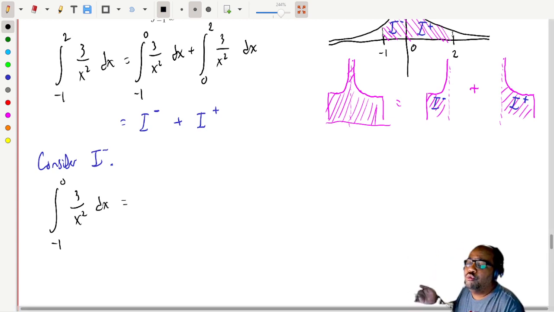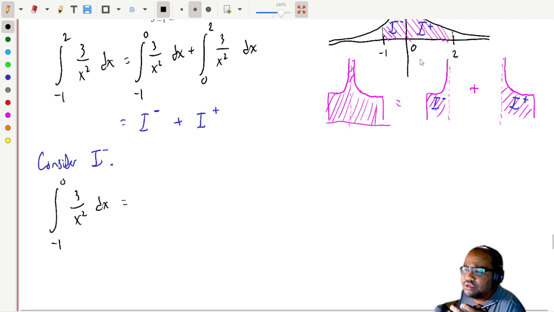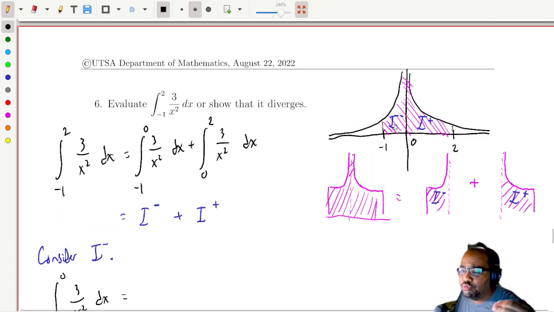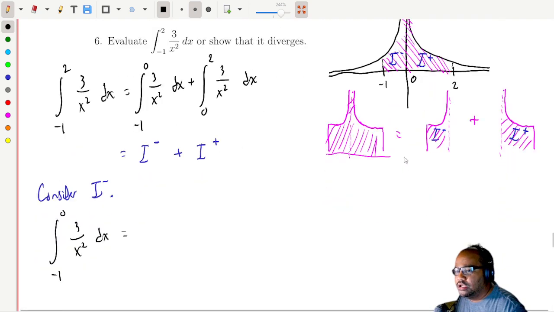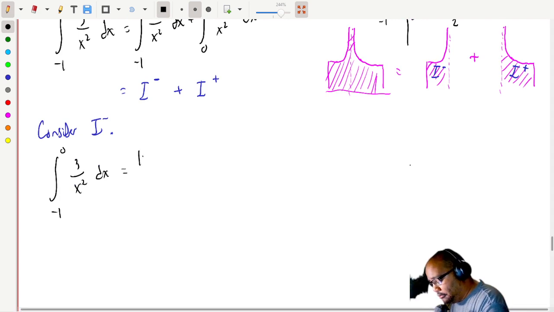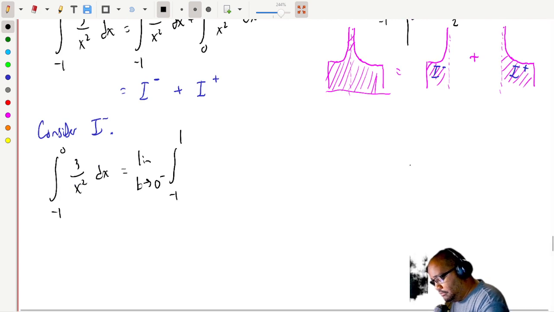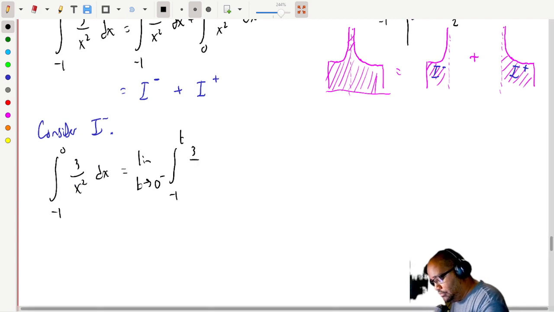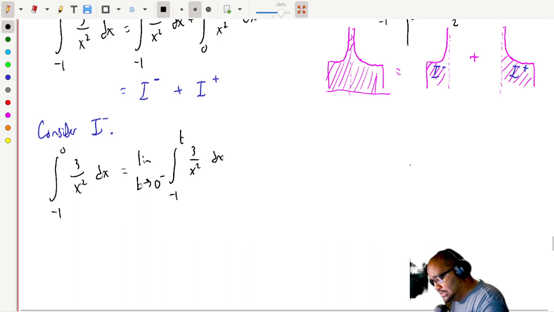Again, we have a problem point here, and for I minus, if you look at the picture, I'm approaching the problem from the left. So we're going to take the limit as t approaches 0 minus of the integral from -1 to t of 3 over x squared dx.